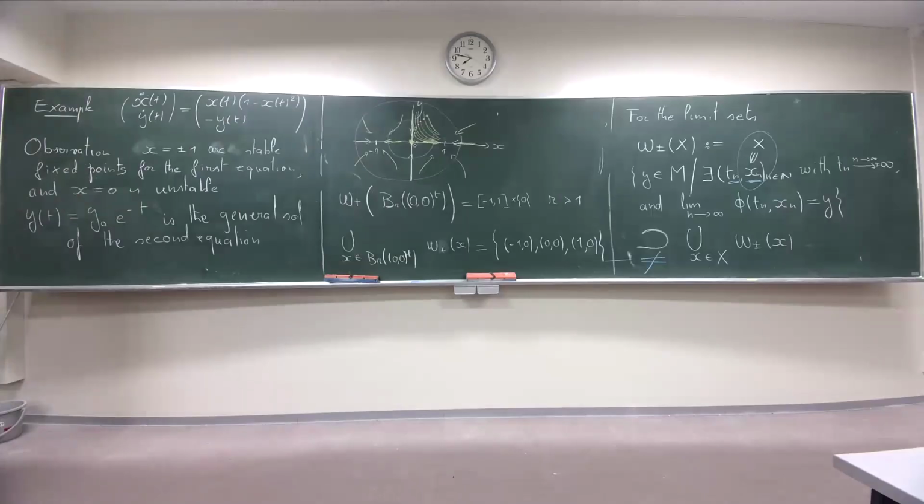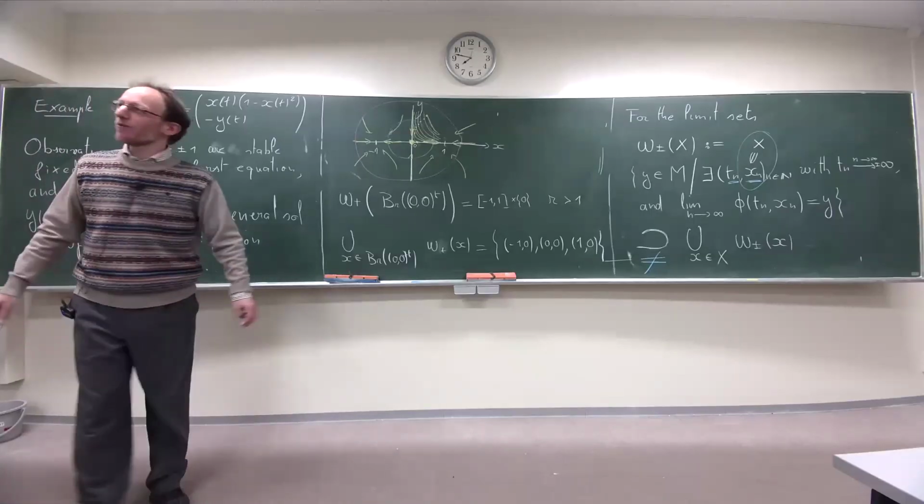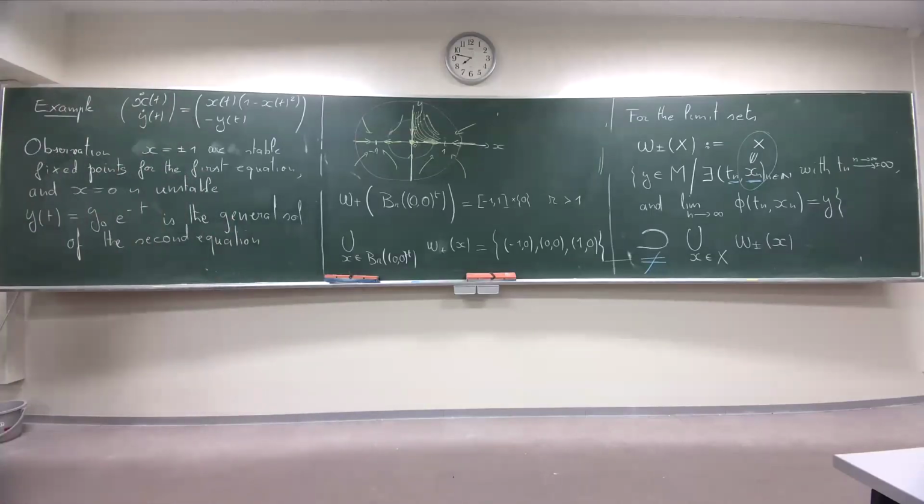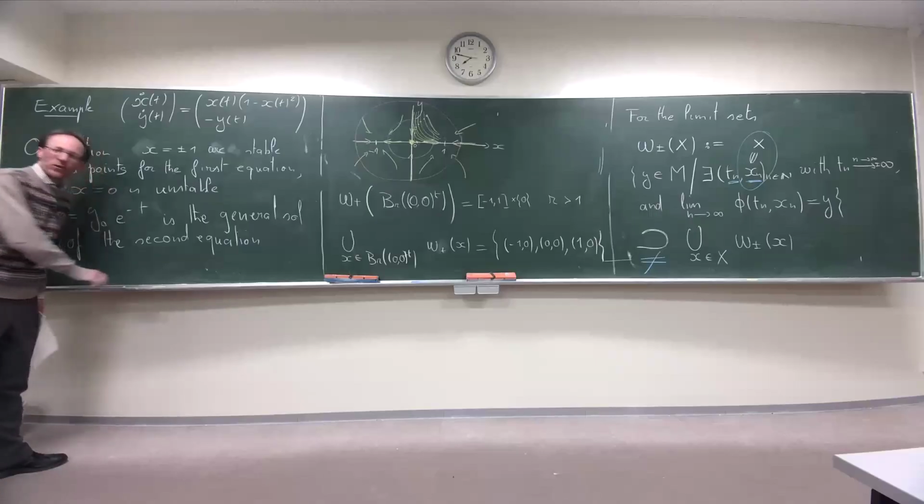You need to jump from a trajectory that's going towards 1 to a trajectory that's going towards -1. Okay, for now, I don't see a real difference. That's good, so now you have a job. Is it a restriction, or why did I take r bigger than 1? Is it correct if we take it smaller? Do we get the same thing? For now, I have the feeling, but we need to think more carefully about it.